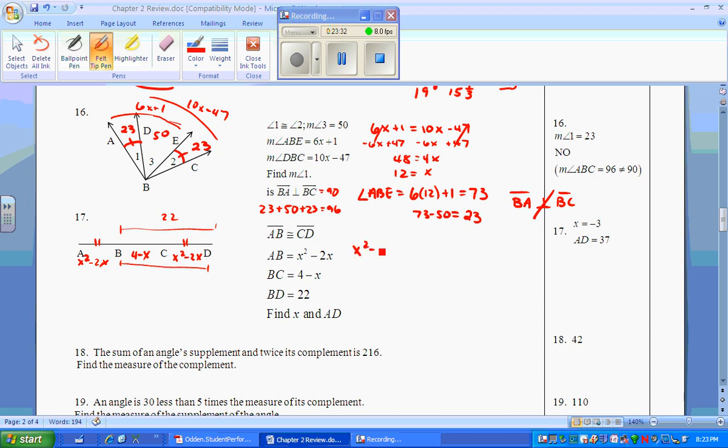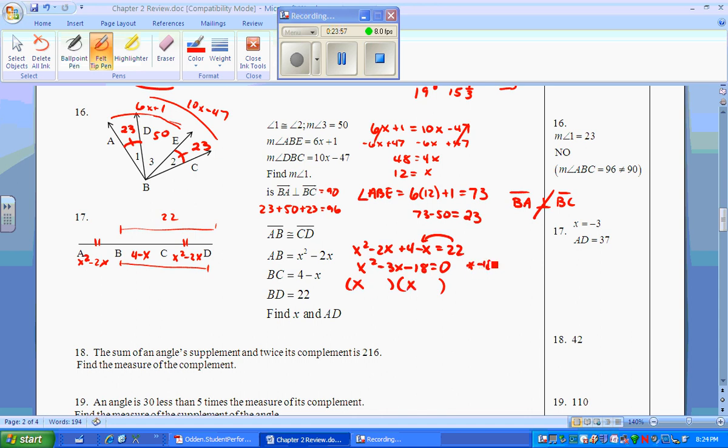So I would say x squared minus 2x plus 4 minus x equals 22. I would solve it by simplifying, so I get x squared minus 3x minus 22, and then minus 18 this way, equals 0. Does it have a leading coefficient of 1? Awesome. So x goes here and here.